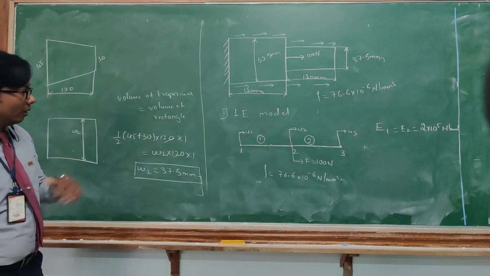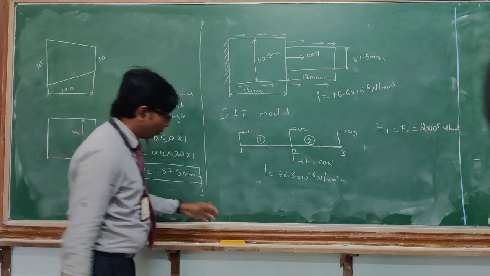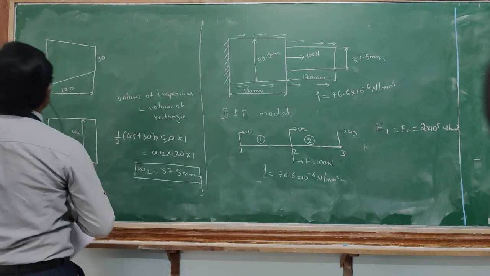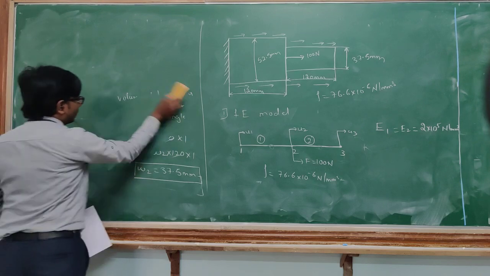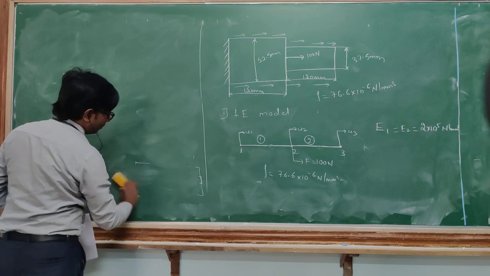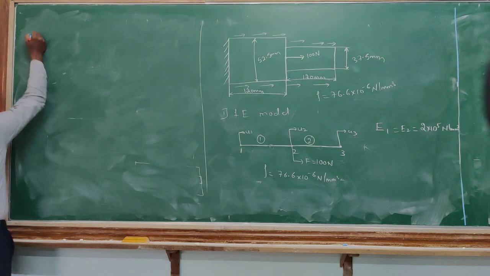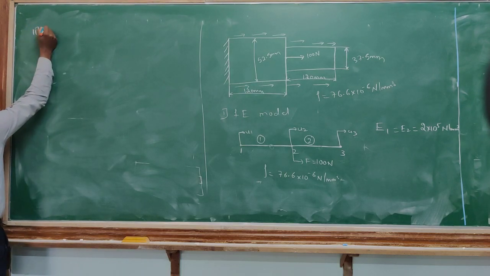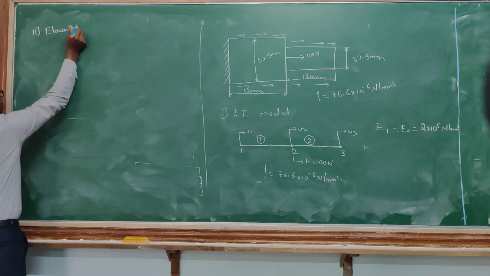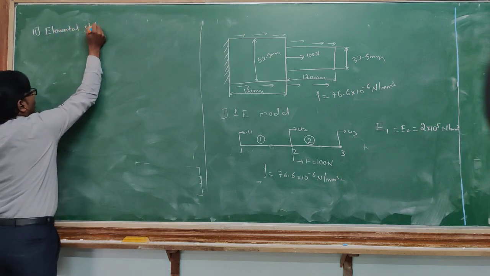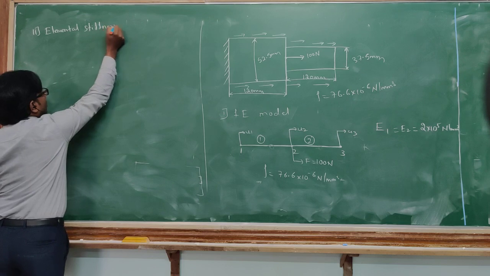So now we have done the FEA model. Now we'll calculate the value of the stiffness matrix. The second step is the elemental stiffness matrix.